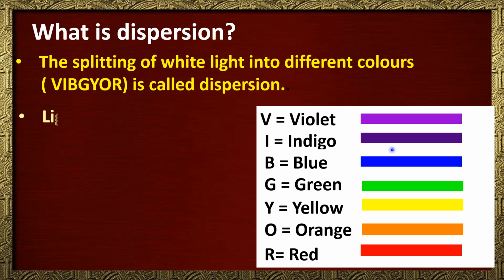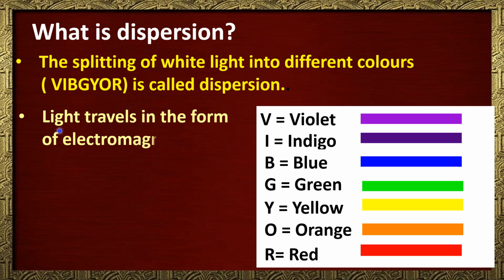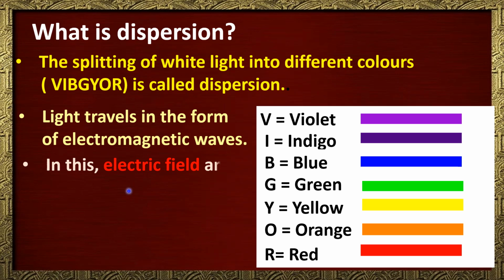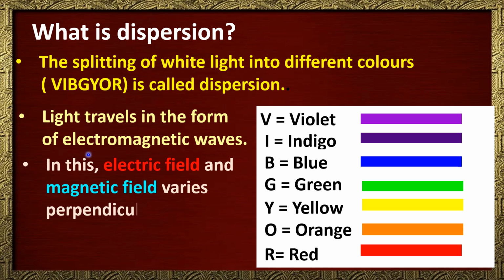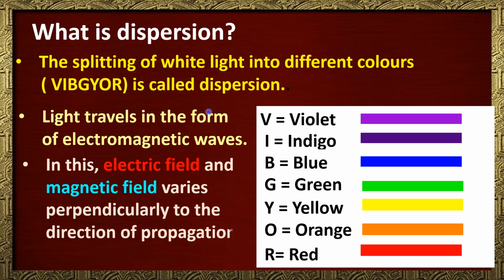Okay, so here first how light travels, let us study that. Light travels in the form of electromagnetic waves, isn't it? So before going to dispersion, I will explain what is an electromagnetic wave. Light travels in the form of electromagnetic waves.